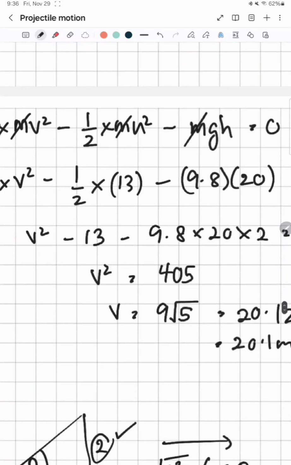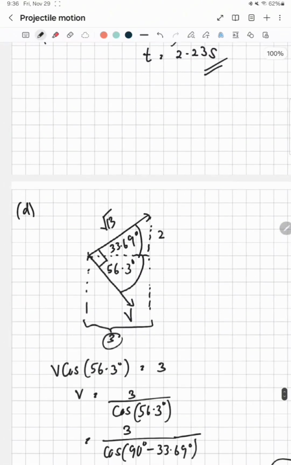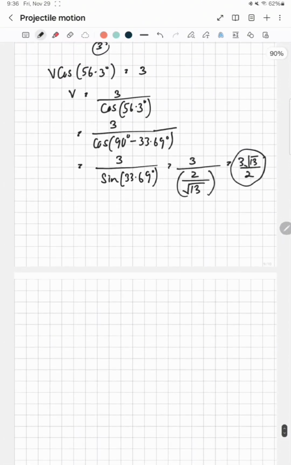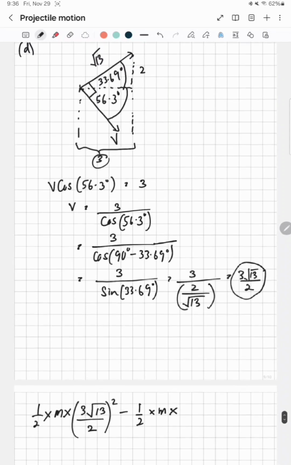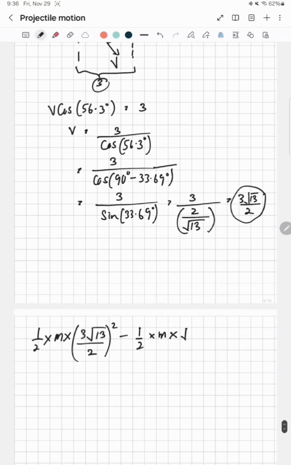So what you can do is write half m, final minus initial: our final is 3 root 13 over 2 squared, minus our initial, half m, and our initial speed was root 13.